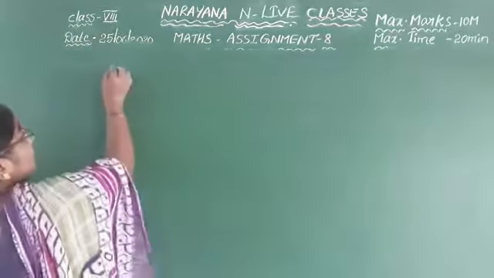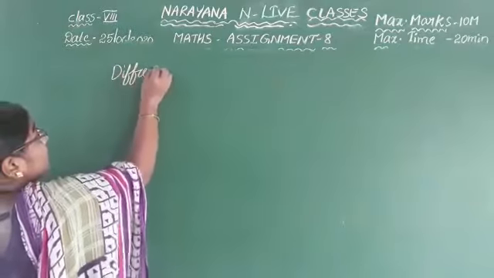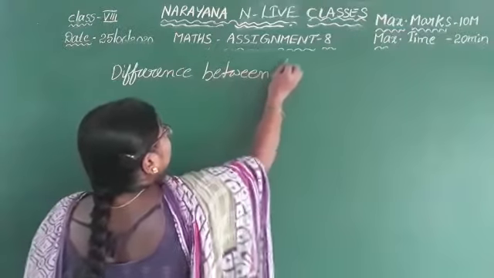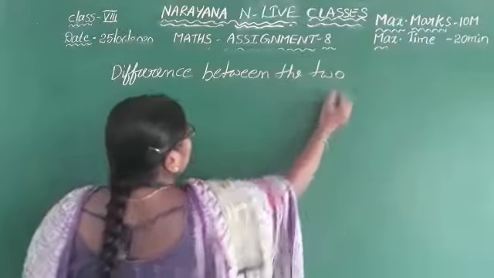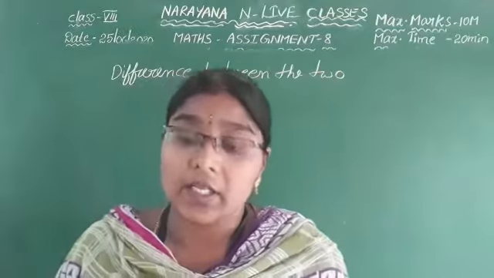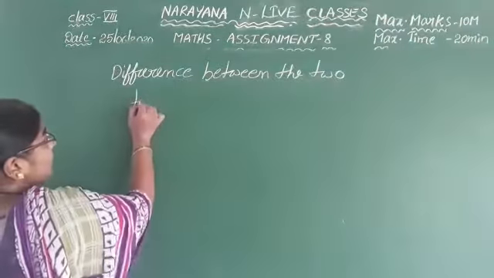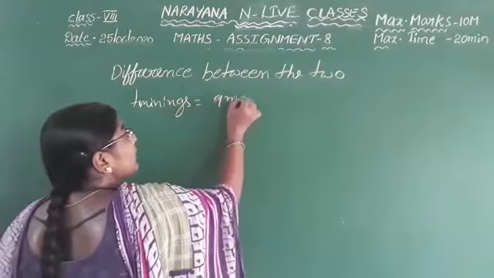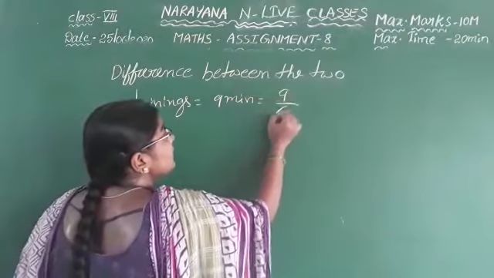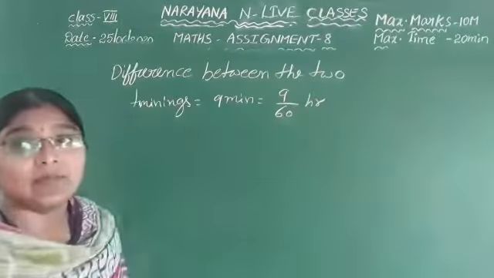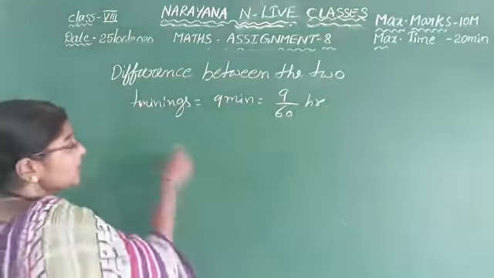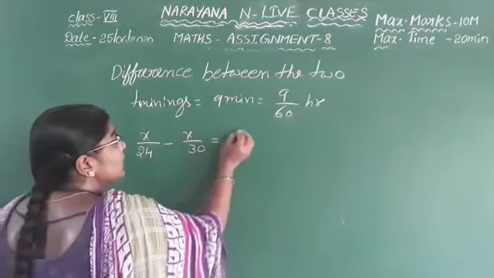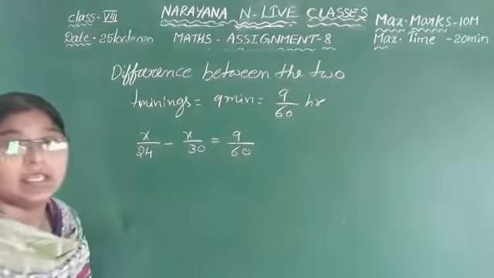So the difference between the two timings is how many minutes? 9 minutes. That means 9 by 60, since minutes convert with 60. So x by 24 minus x by 30 is equal to 9 by 60.